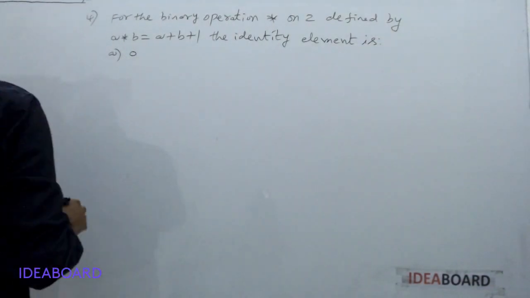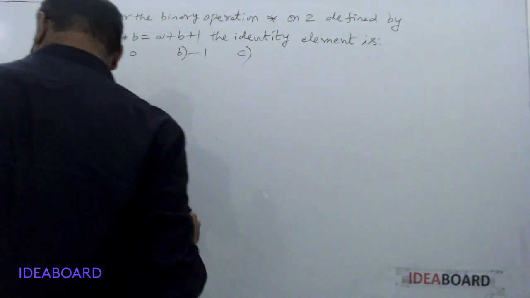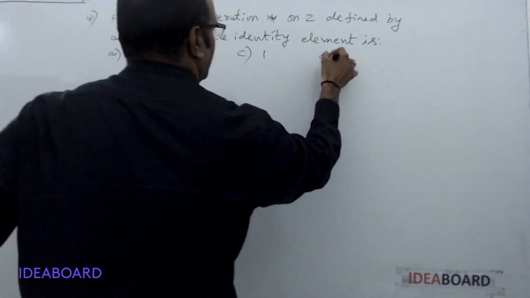Options are given by first one 0, A 0, B minus 1, C 1, D 2.